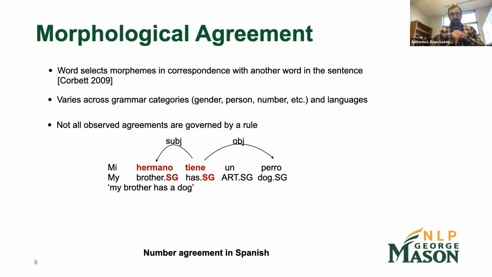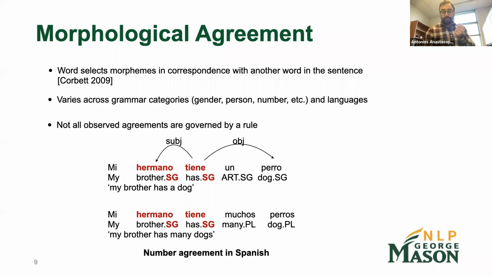So there are multiple agreements, but let's look just now at the agreements between the verb, tiene, and its subject, hermano, and its object, perro. Now all of them are agreeing, everything is in singular number, but only one of them is because of a rule. In Spanish, you can also say, "mi hermano tiene muchos perros." So my brother has many dogs, right?